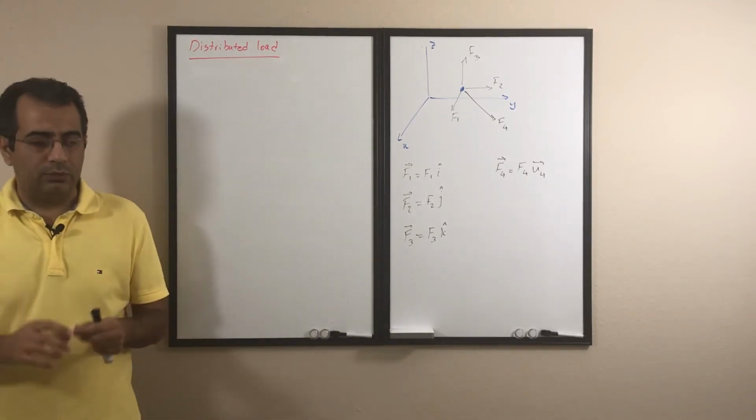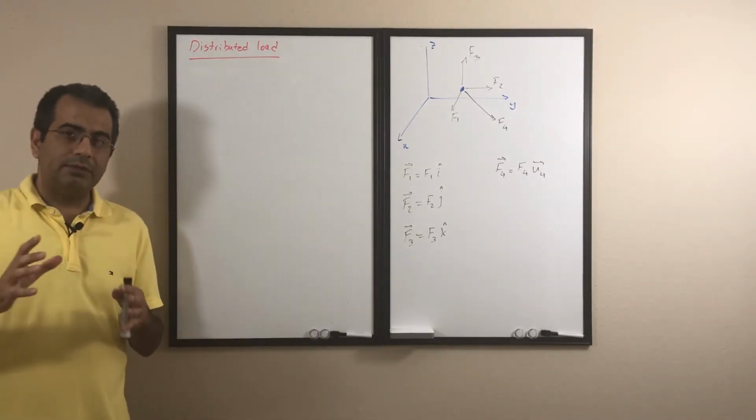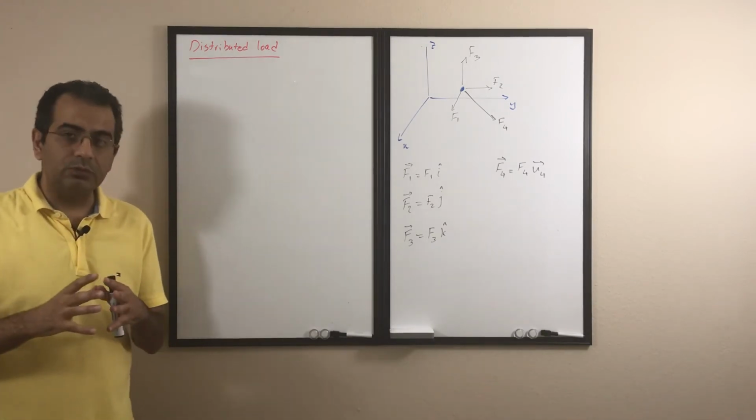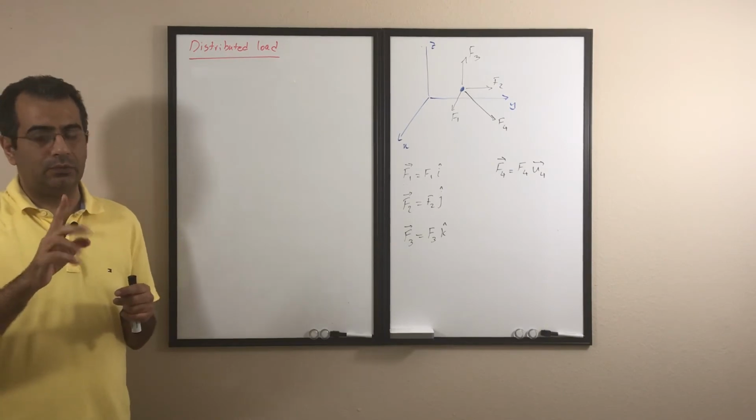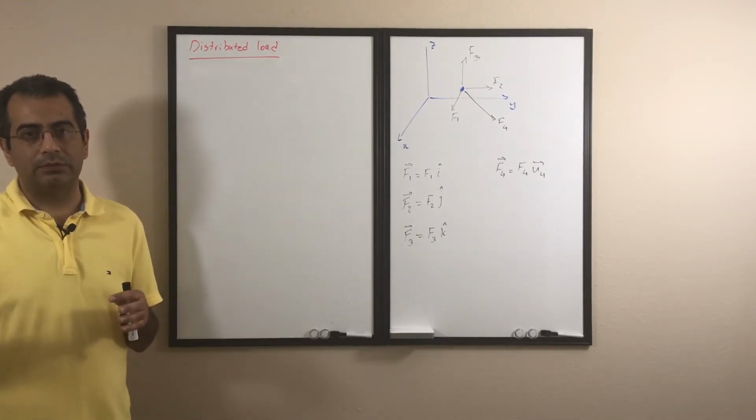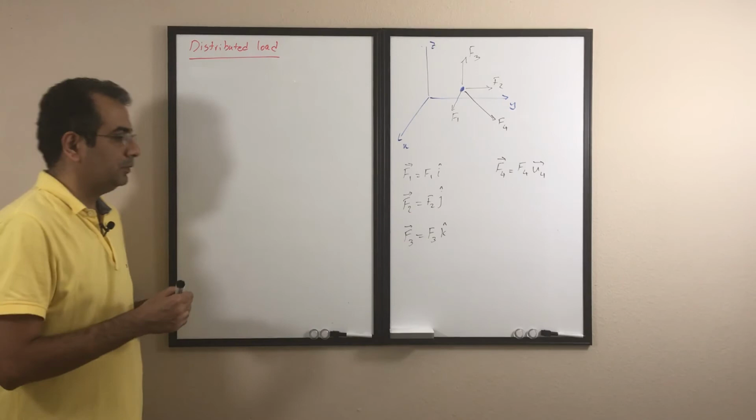I will just go through those two simple ones. When we have a distributed load, we want to replace it with a single force or a couple of single loads. So we want to get rid of that distributed load.